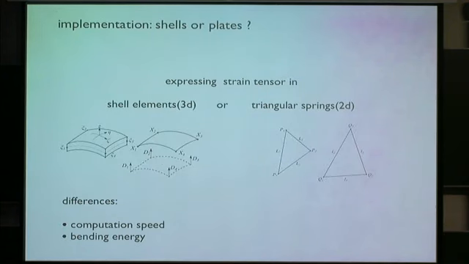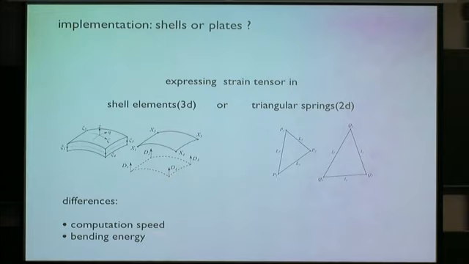But we can use different elements for describing the cell wall. We can use shell elements that are more advanced elements. They have some kind of thickness, or planar elements that lack the bending energy, but they are computationally faster.